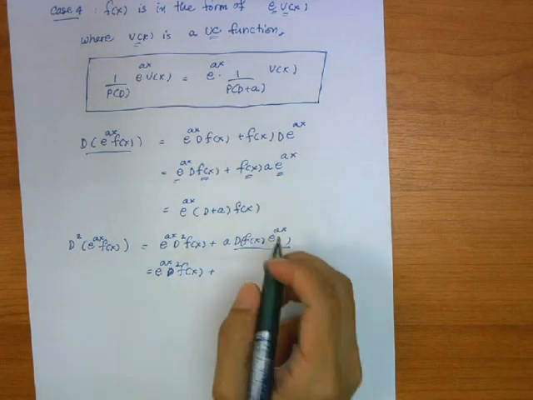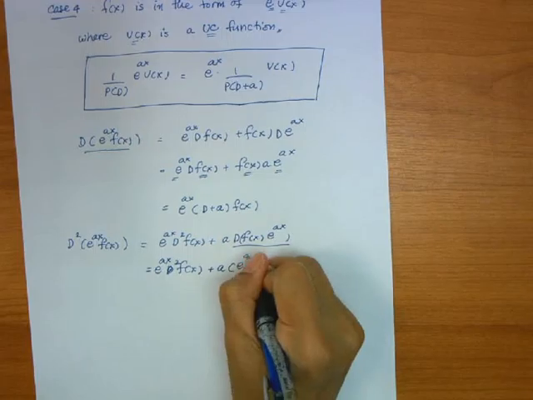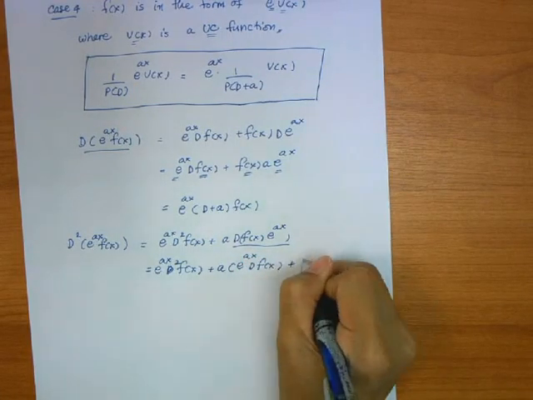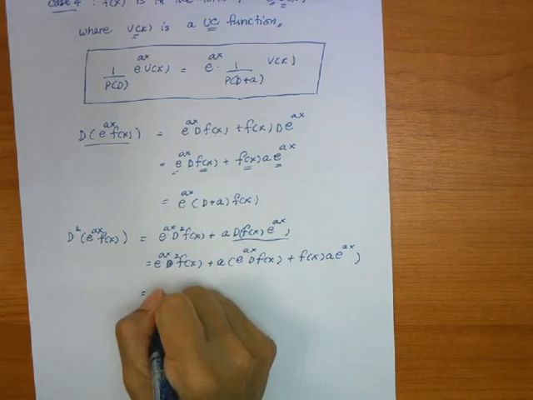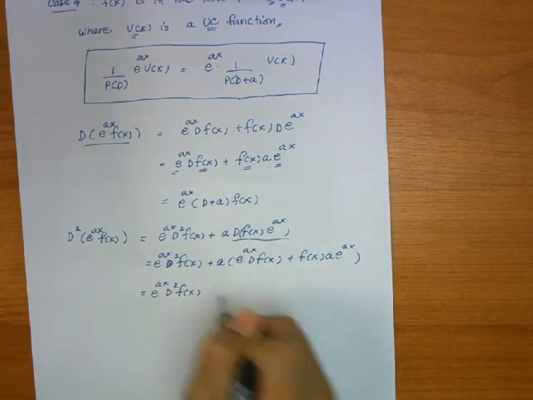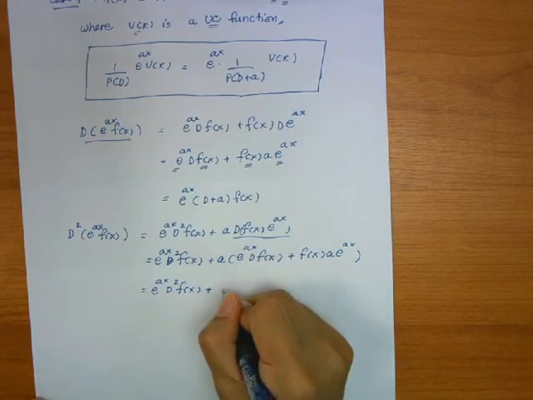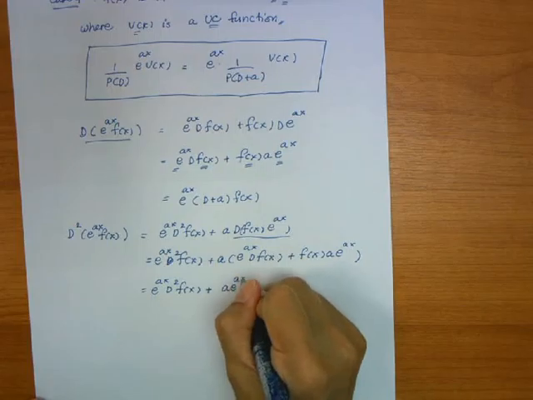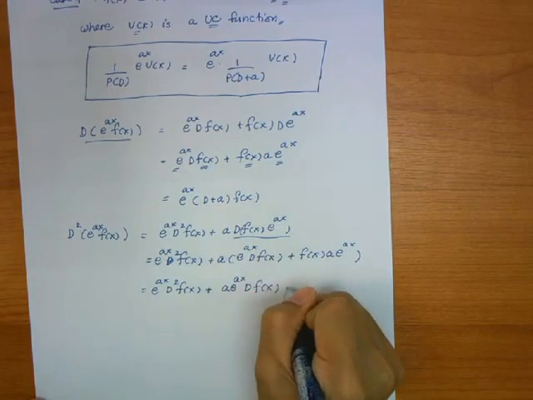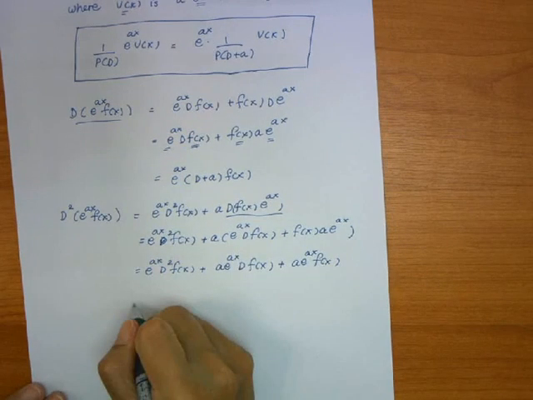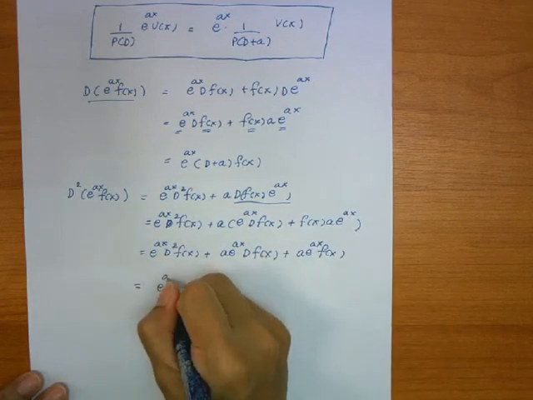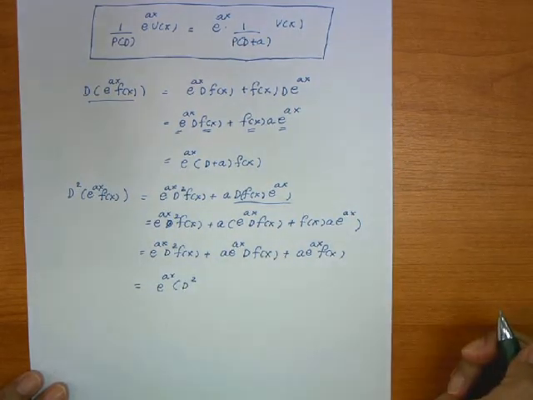So you would get a times, which is equal to, so you can take exponential out and v(x) out, you would get, is it right?